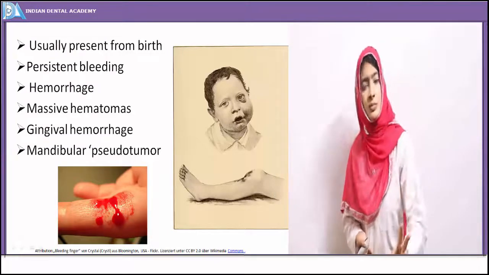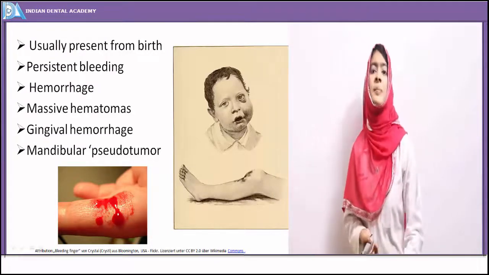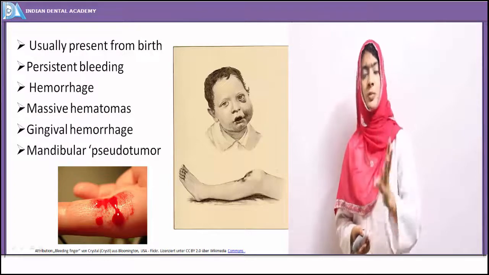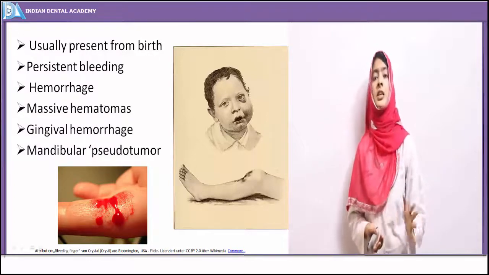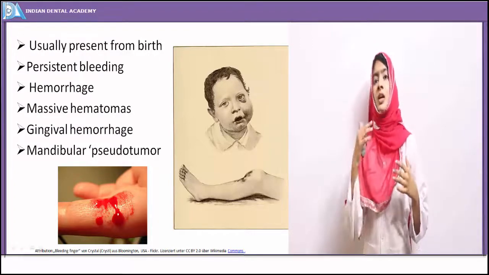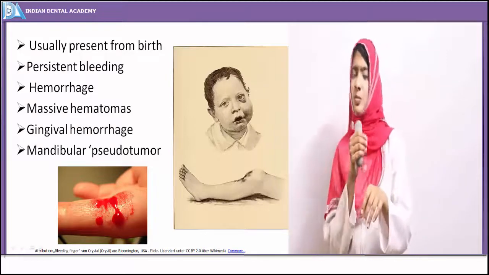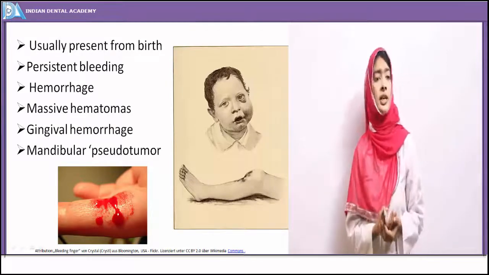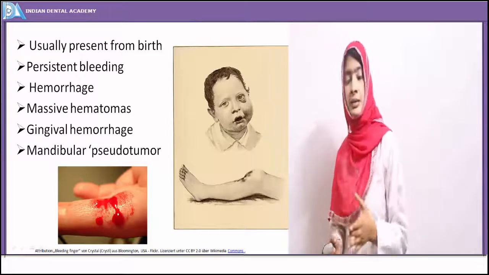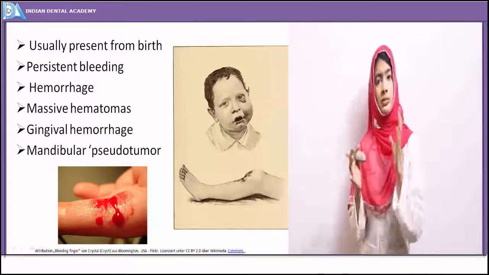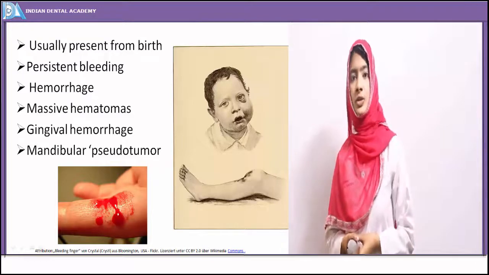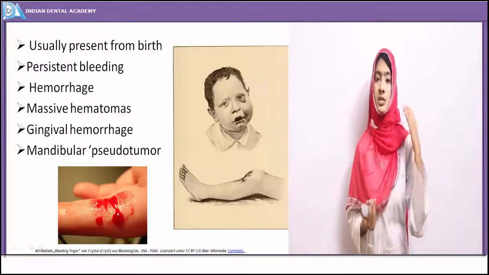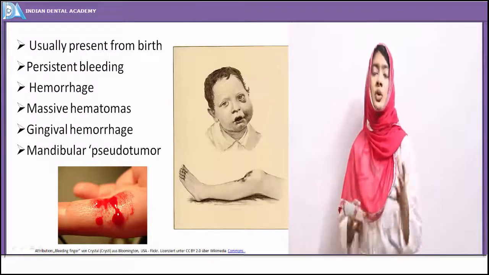The commonest symptom of the hemorrhagic tendency in hemophilia is persistent bleeding from the cut. Just a small cut leads to profuse bleeding of the fingers or any soft tissue like that. And there is hemorrhage, which is nothing but extravasation of blood. Hemorrhage is noticed in the skin, in the subcutaneous tissue, even in the joints.